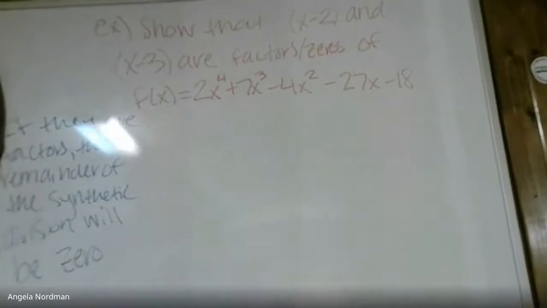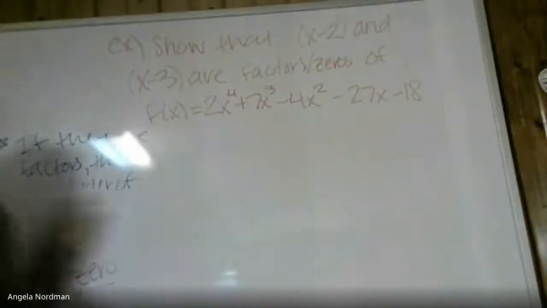Okay, let me twist you over that way for just a second so you can kind of see that. Again, just a little asterisk. If they are factors, the remainder of the synthetic division will be 0. If they are not, then they are not factors, right? That has to be a fact of this. It has to be 0. If it's not 0, then it's not going to be a factor.